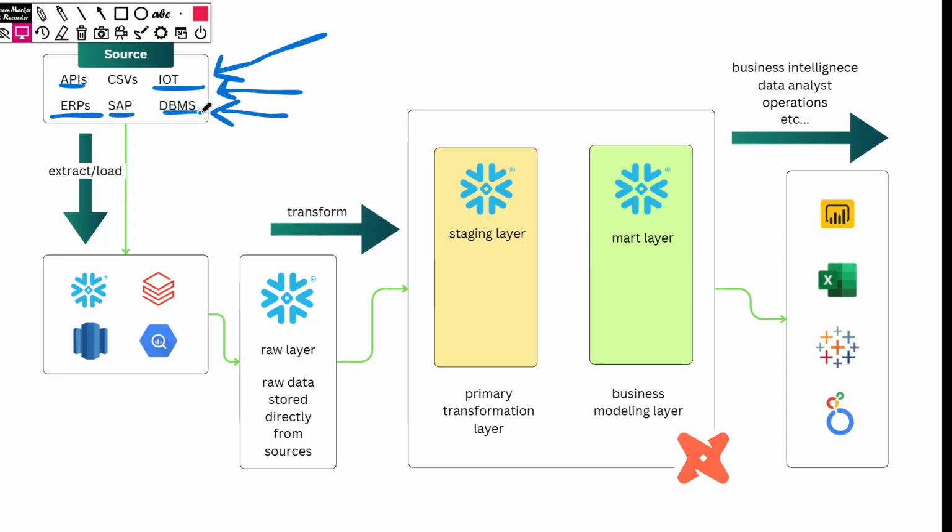Then databases, regular databases, that is relational databases. So you can even have your source from other databases like Postgres databases or SSMS. Now the idea is you want to pull all your data because you may have a lot of data for a lot of operations, right? Different operations.